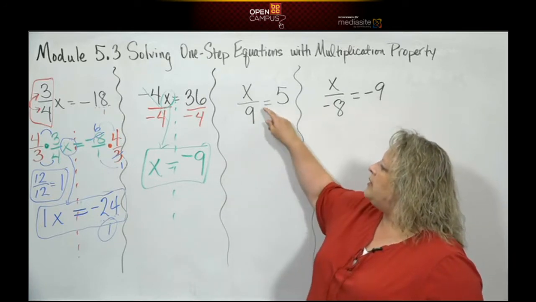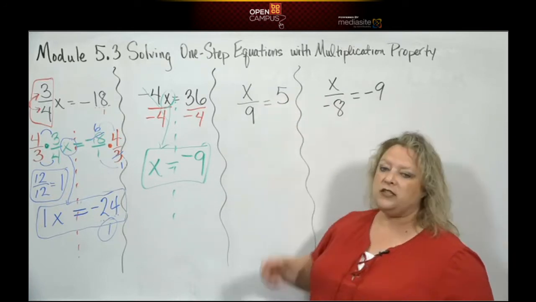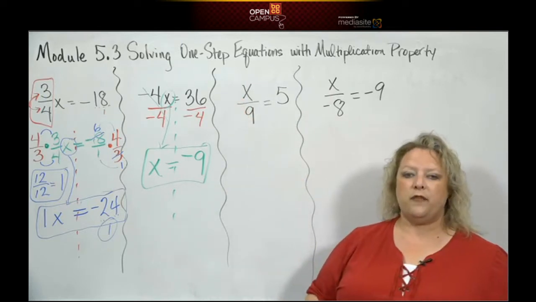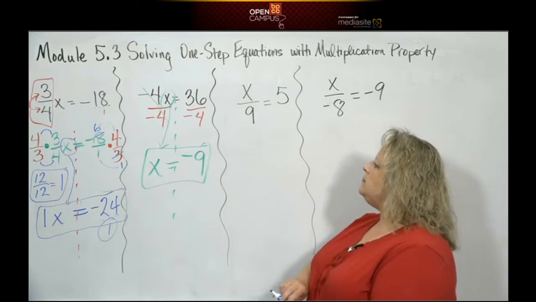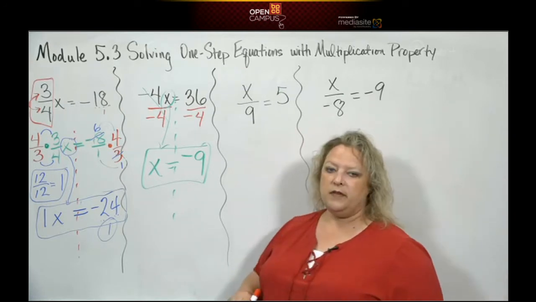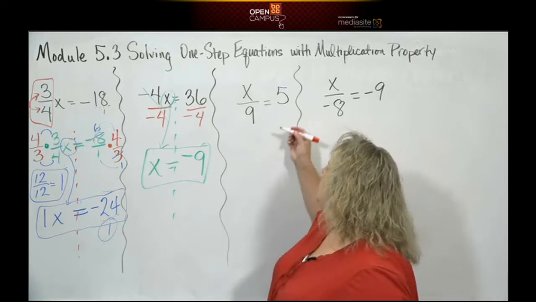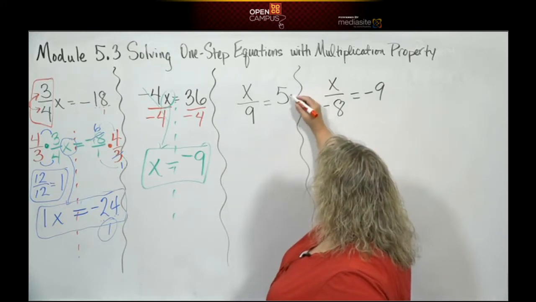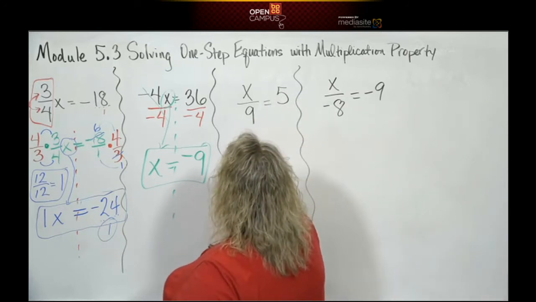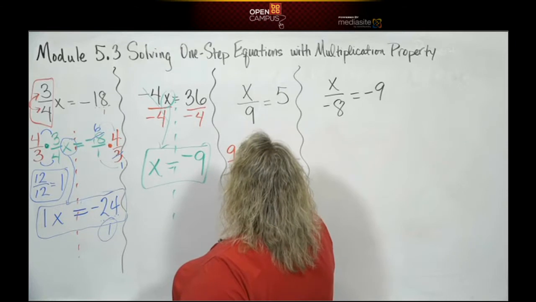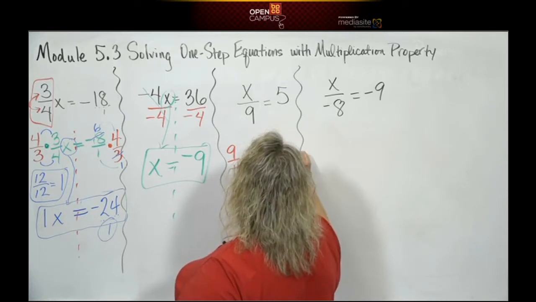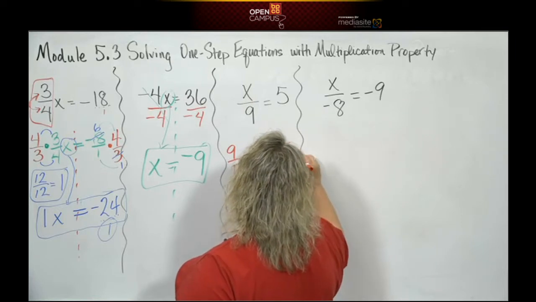Now this one's a little different because it's written as a fraction already, so it says x divided by 9. Remember that the fraction bar means division. So we're going to do the opposite of division. So what is the opposite of division? Multiplication. So we're going to multiply both sides by 9. So I'm going to do 9 over 1 because you know the reciprocal has my little spirit 1 in there.